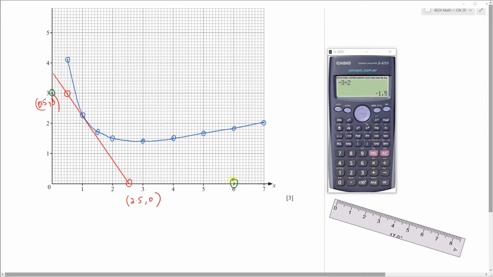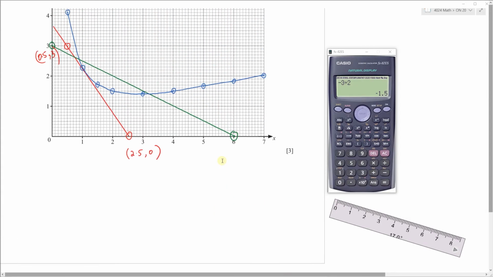And I can join them through a straight line to get my plot. So this is my graph for 2y plus x equals 6.